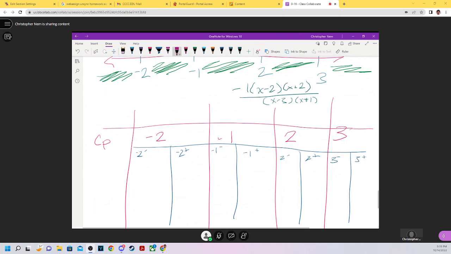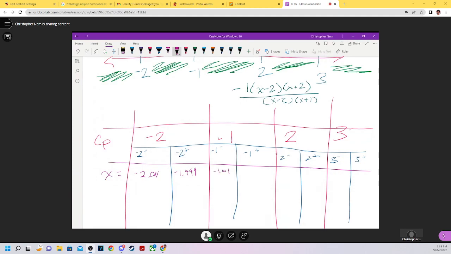And in particular, I'm going to use values x equals. For the first one, negative 2 to the left, I might use a number such as negative 2.001. Negative 2 to the right, that's like negative 1.999. Negative 1 to the left is going to be values like negative 1.001.